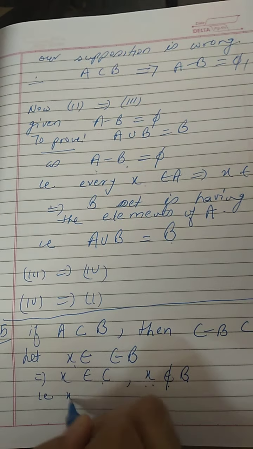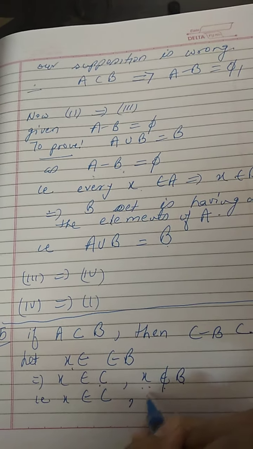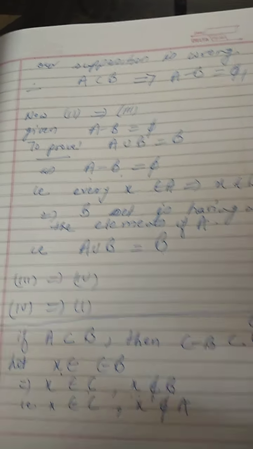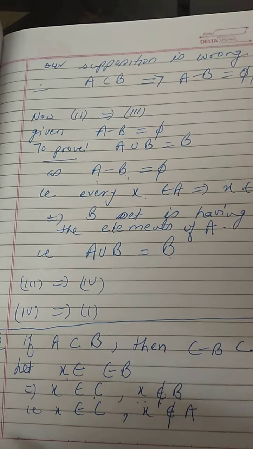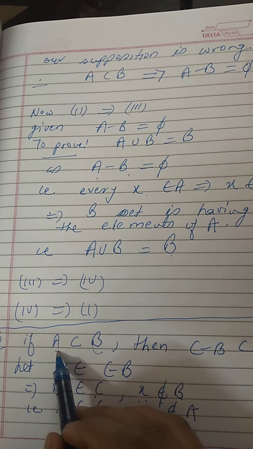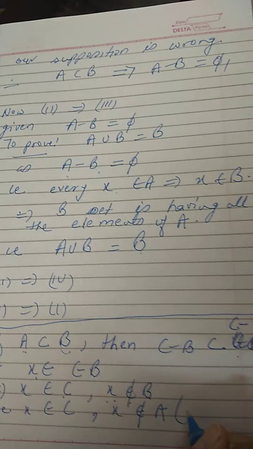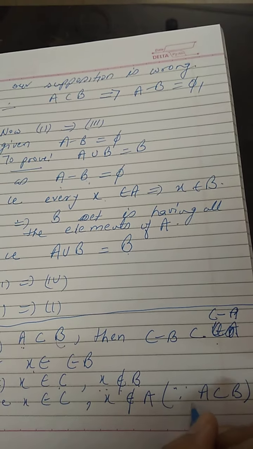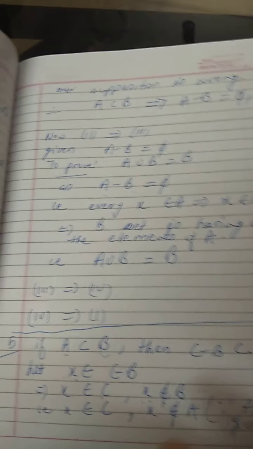That is, X belongs to C and X will not belong to A also. Why? Because A is a subset of B. If X is not present in B, then X cannot be present in A also. So here we will write down because A is a subset of B. This thing is given to us.